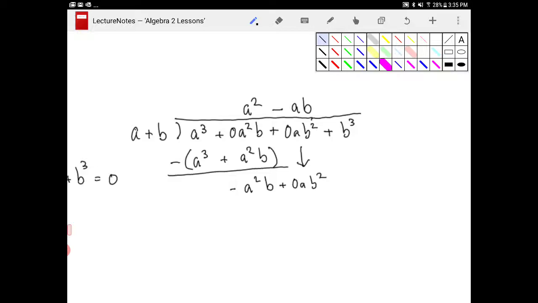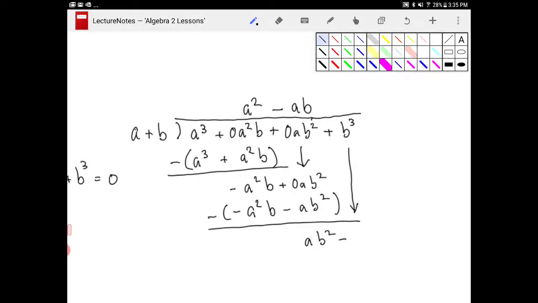If I do, I multiply a plus b by minus ab, and I'll get negative a squared b minus ab squared. If I do the subtraction, I'll end up with, again, ab squared, and I pull down the b cubed. I'm going to multiply a plus b by plus b squared to get ab squared plus b cubed.